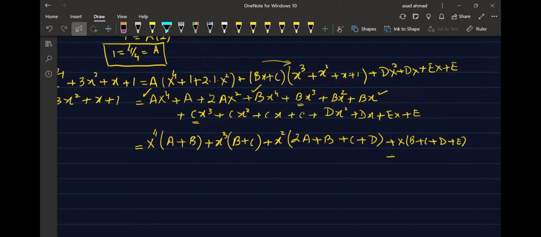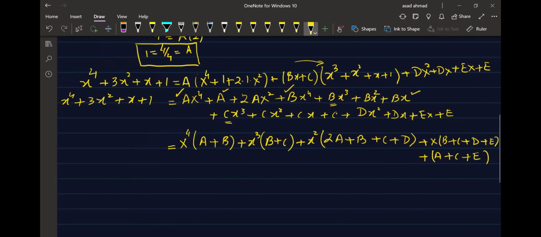And lastly, we will have constants like a, this one, and constants without x, the terms involving without a plus c plus e. So this is the expansion on right hand side, and on left hand side we will have x raised to power 4, 3x square plus x plus 1.